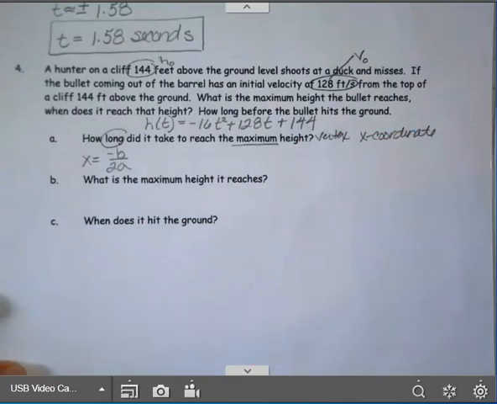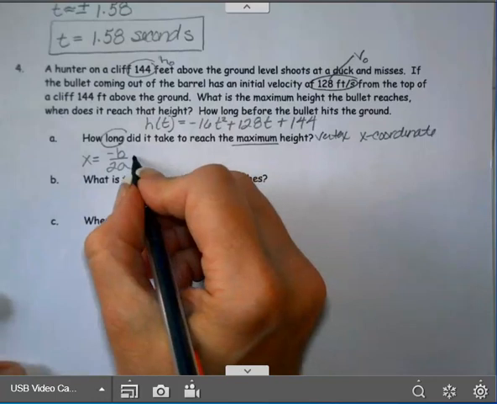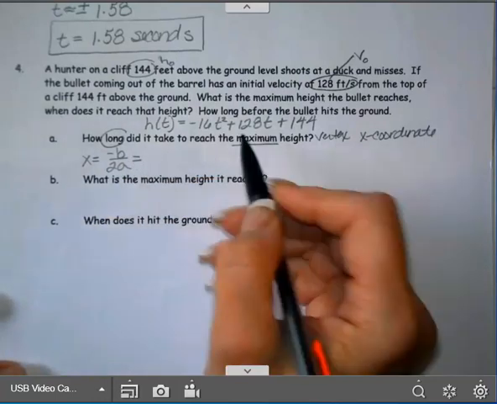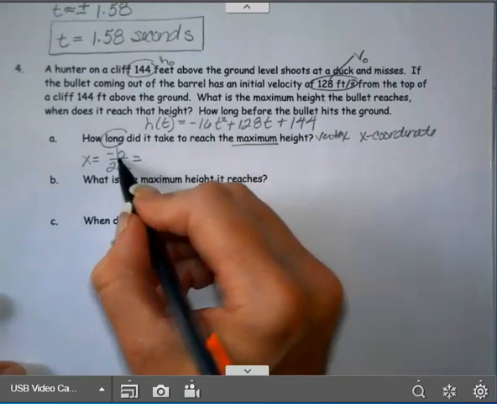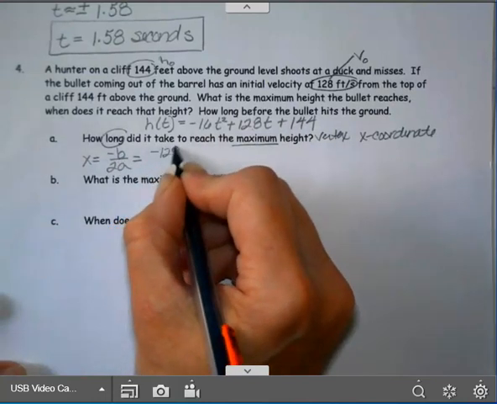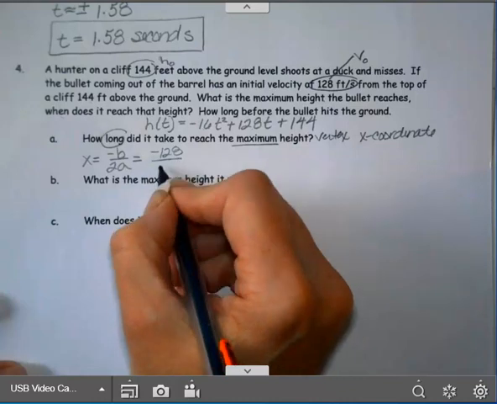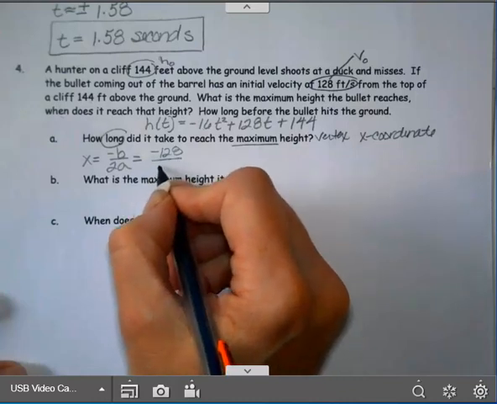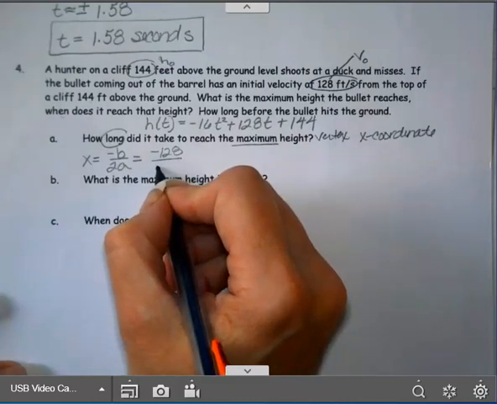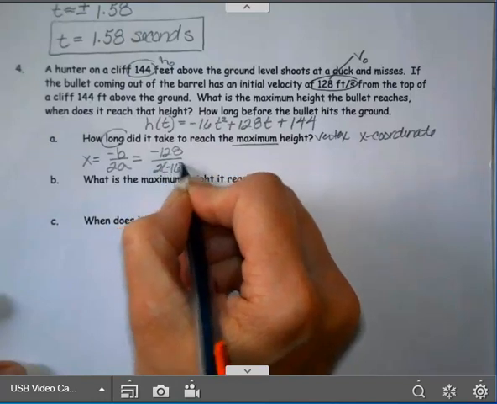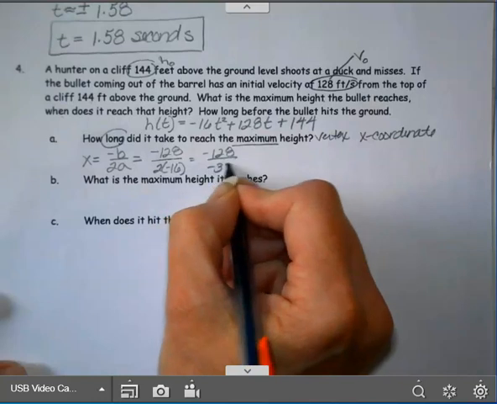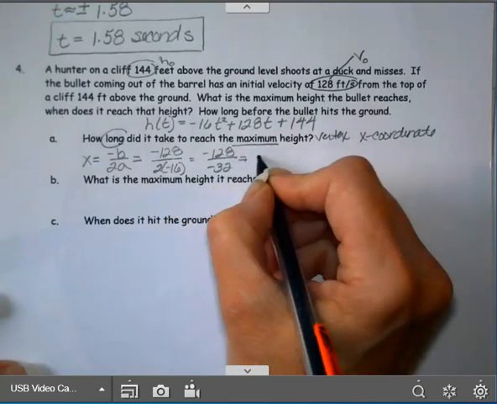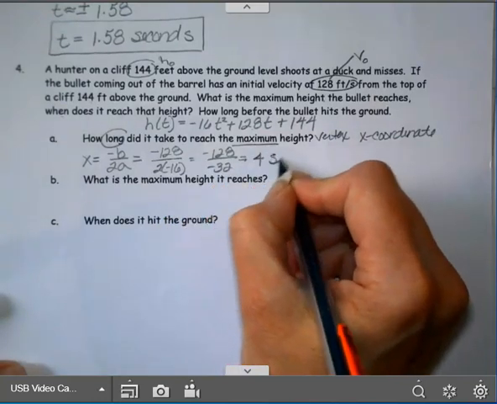So I just plugged in my height and my initial velocity to the formula. So this is A, B, and C. So the opposite of B is negative 128. And that's over 2 times negative 16, which is negative 32. And that gives us 4. And this is in seconds.